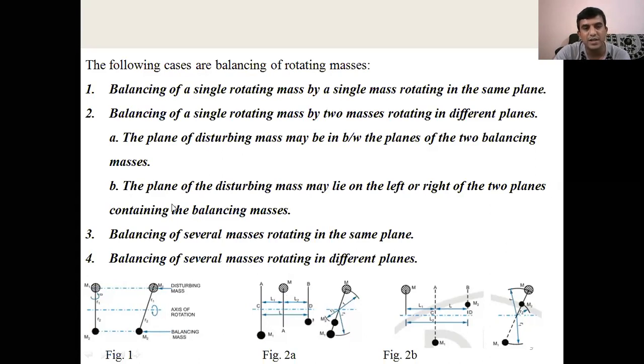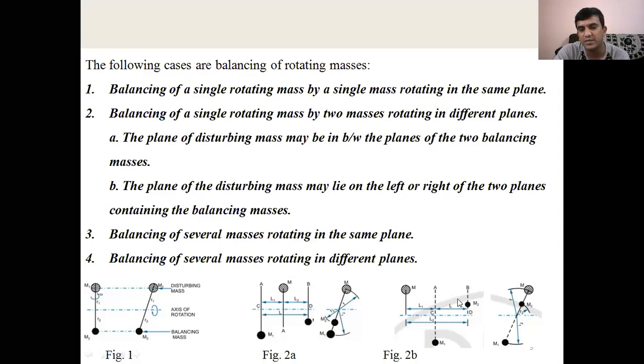Second sub case: the plane of the disturbing mass may lie on the left or right side of the two planes containing the balancing masses. Now you can see a disturbed mass here. I want to balance this single disturbed mass by considering two rotating masses. Here you consider the two counter masses or balancing masses on the right side of the disturbed mass.